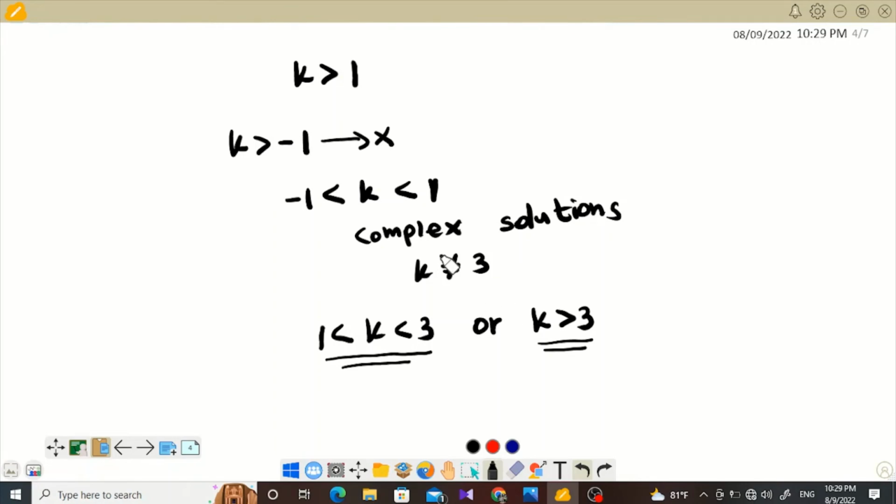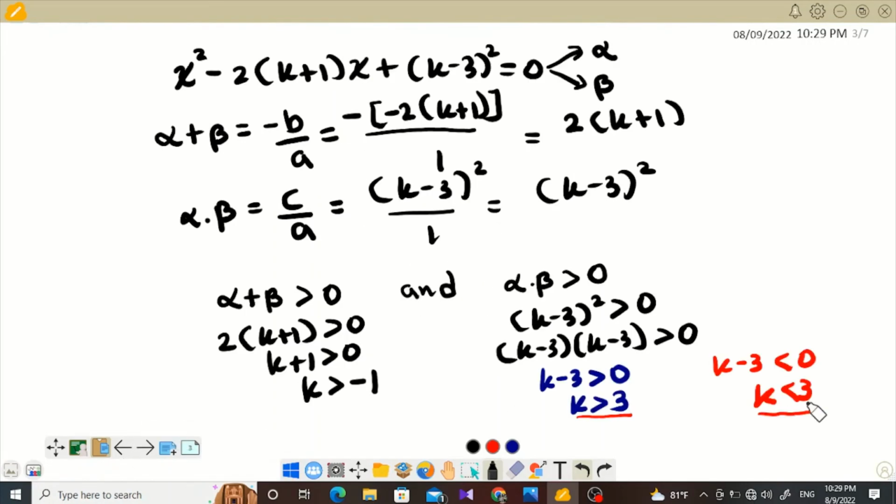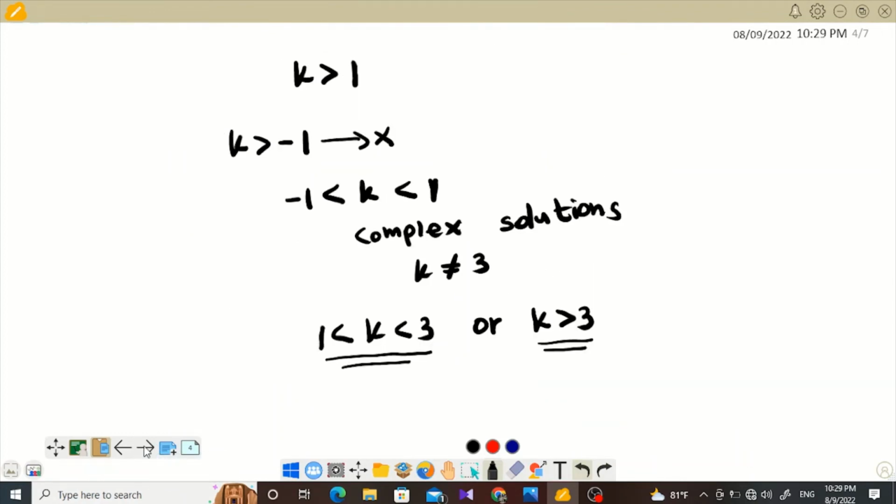And also we can get two ranges from the product, k smaller than 3 and k greater than 3. In the final part of the problem they gave one range, so don't worry about that. In this range both roots are positive, so there is no problem taking the square root of alpha and the square root of beta.